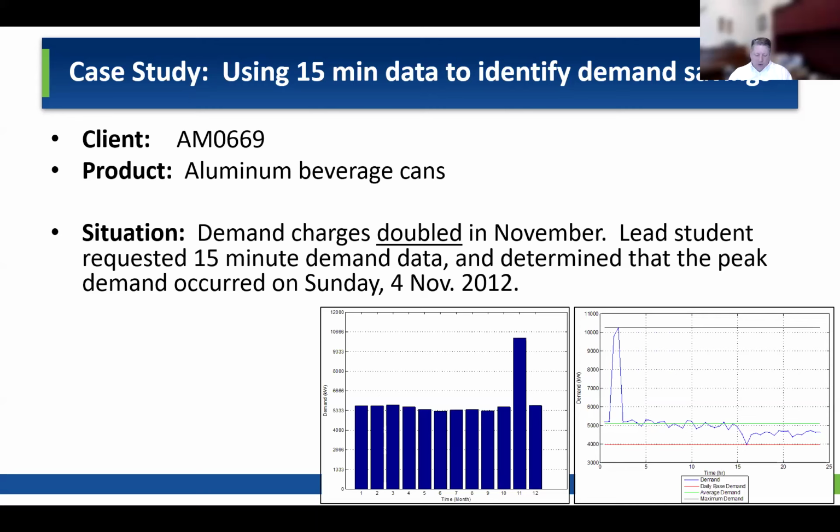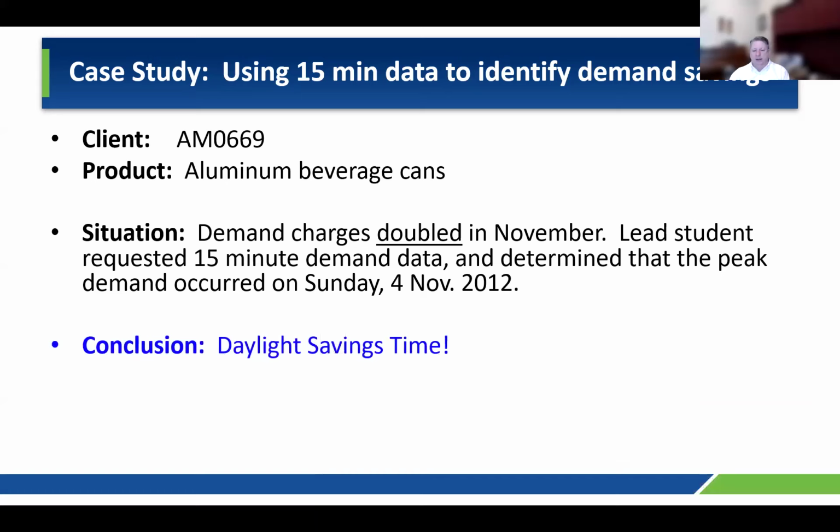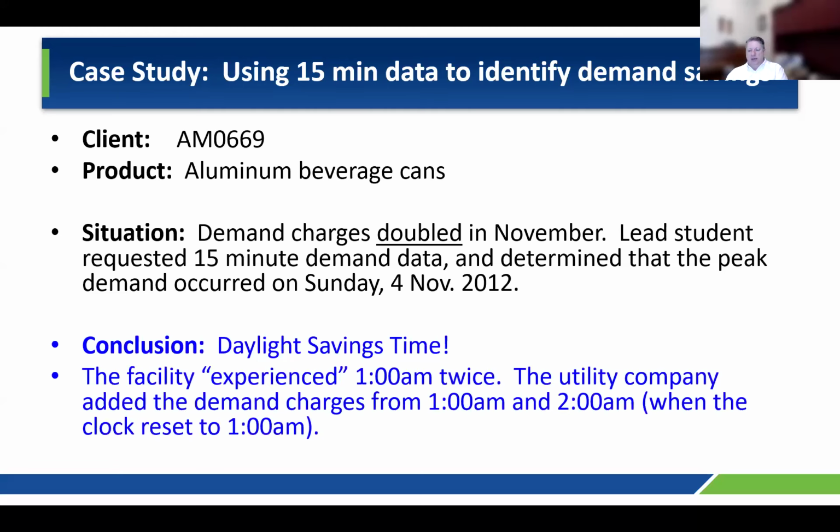Eventually, what was revealed was that daylight savings time was causing a computer problem. In the fall, when the clocks are set back, typically we experience the hour of 1 a.m. twice. And what was happening was the electrical demand was getting stacked on top of each other because 1 a.m. was happening twice. And so this caused a huge spike in demand.